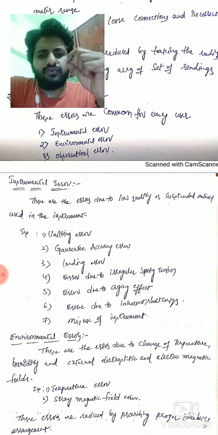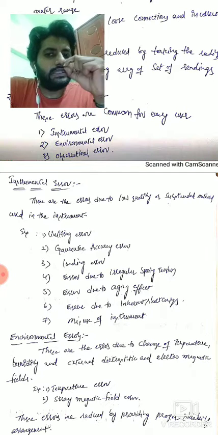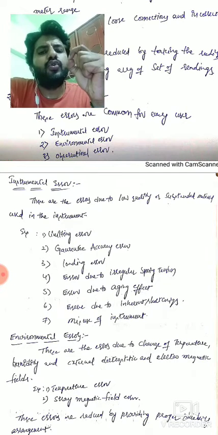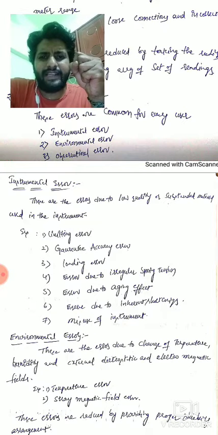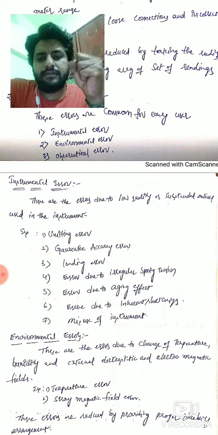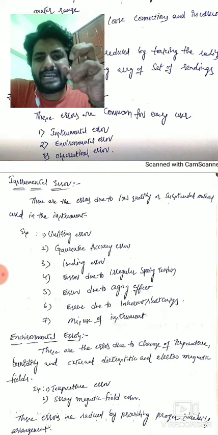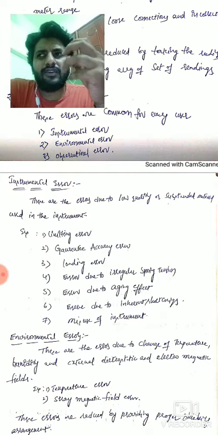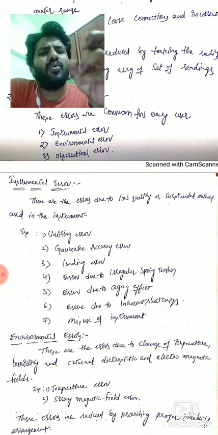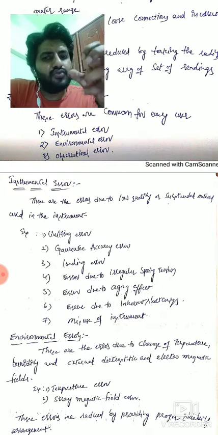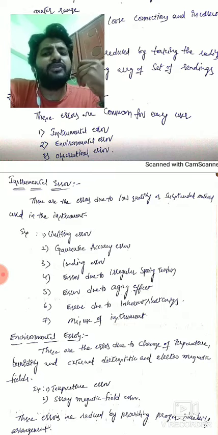What is an instrumental error? These types of errors are due to the low quality of meters. The meter has low quality, like substandard instruments, substandard material. Whatever materials we are going to use in that instrument are low quality materials. If you use this type of instrument, definitely you will get an error.